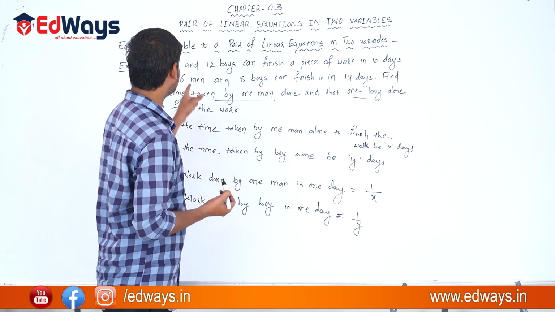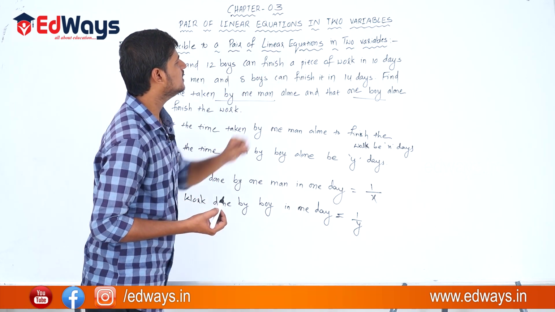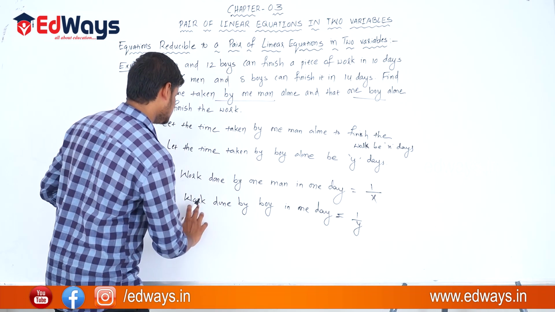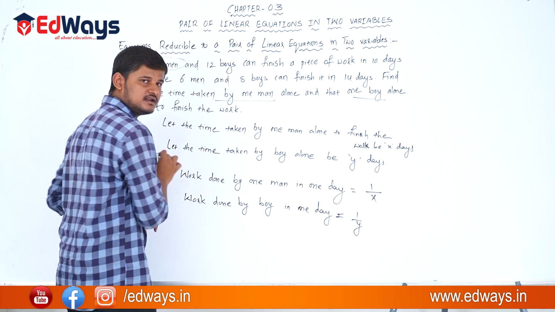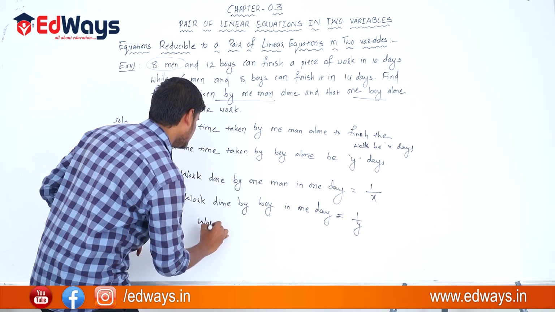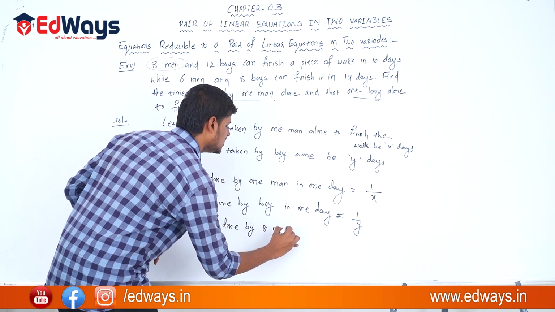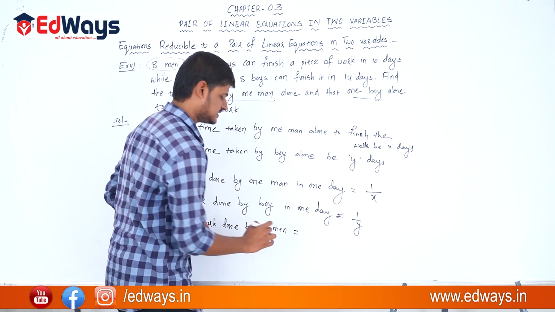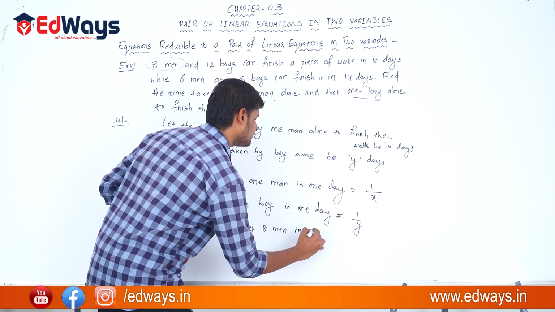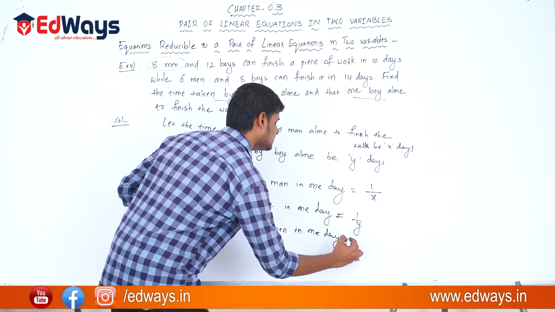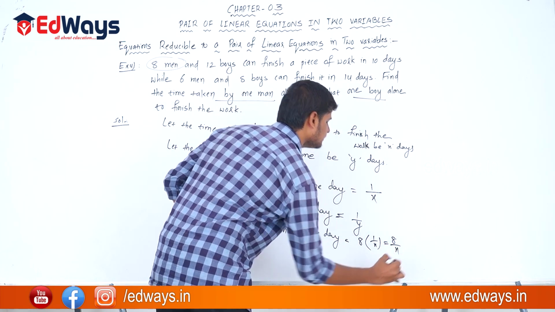They said here that 8 men and 12 boys can finish a piece of work in 10 days. If this is the work done by one man in one day, then what is the work done by 8 men? The work done by one man is 1 by x, so the work done by 8 men in one day is 8 into 1 by x, that is 8 by x.